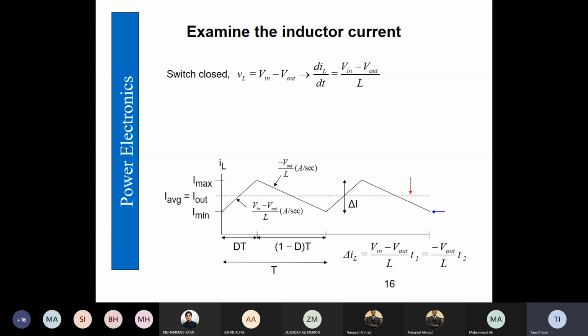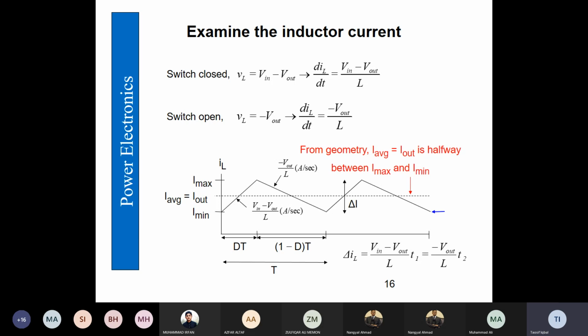and this waveform is very important as far as the working of buck converter is concerned, because this inductor current includes all the information of current for all components. If we want to find out current for the switch, we can find it from this waveform.